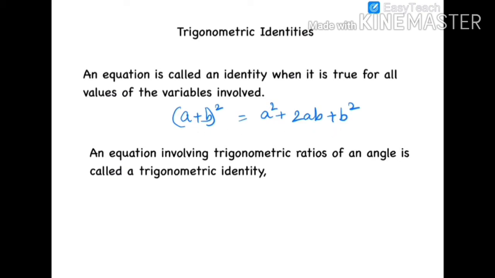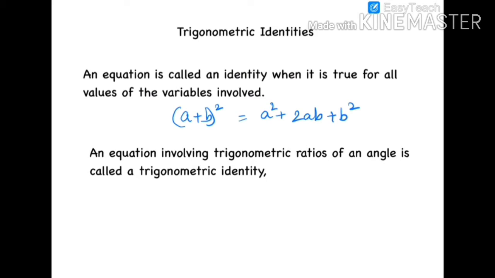An identity is an equation that holds true for all values of the variables that are involved. In this case, the two variables are a and b. If you substitute some values for a and b, then the left hand side will be equal to the right hand side, and this will be true for all values that you choose for a and b.